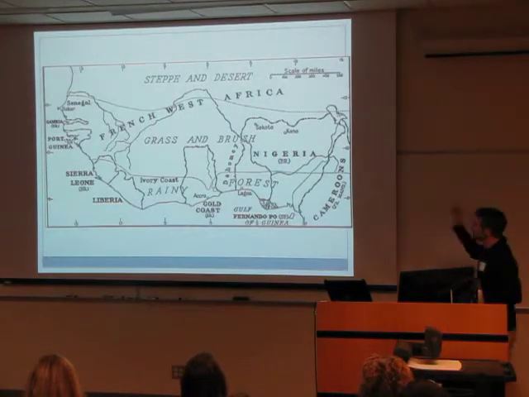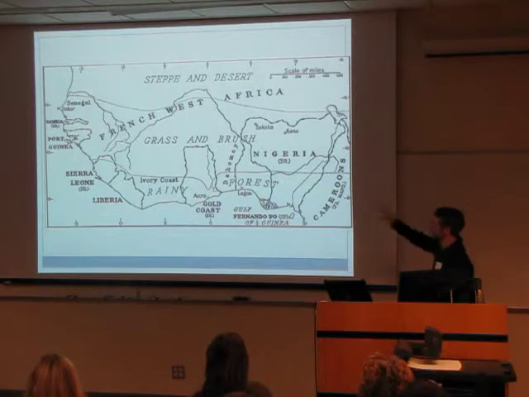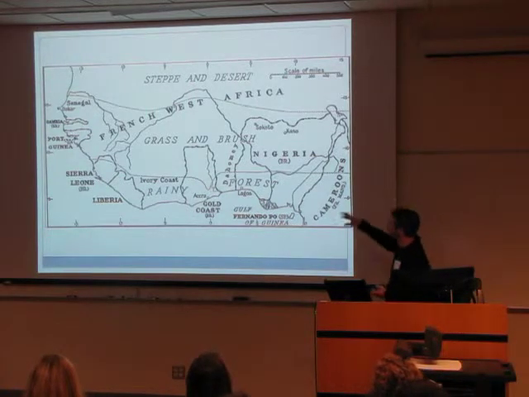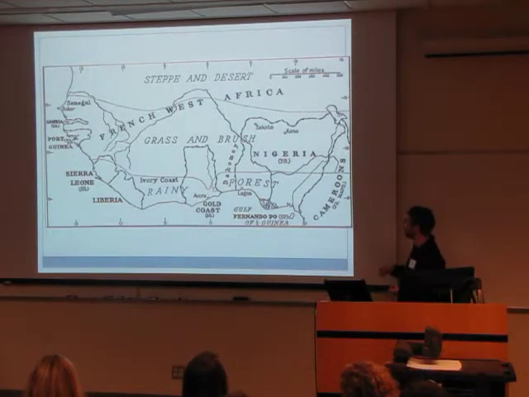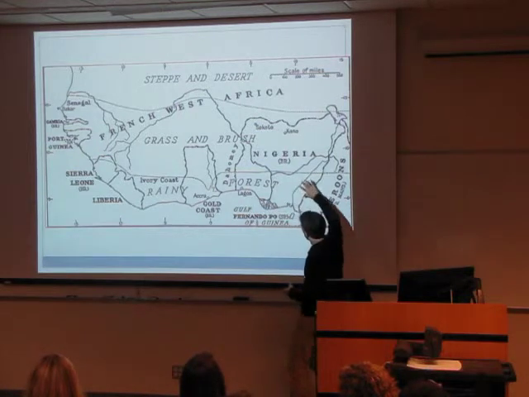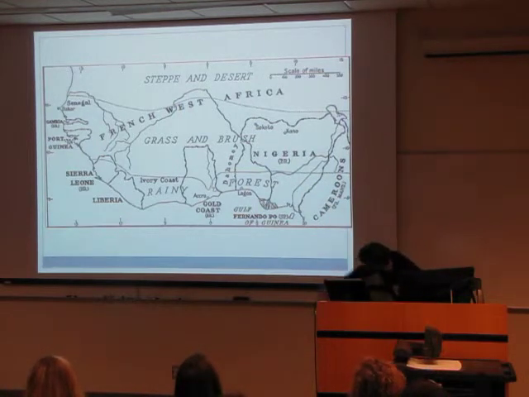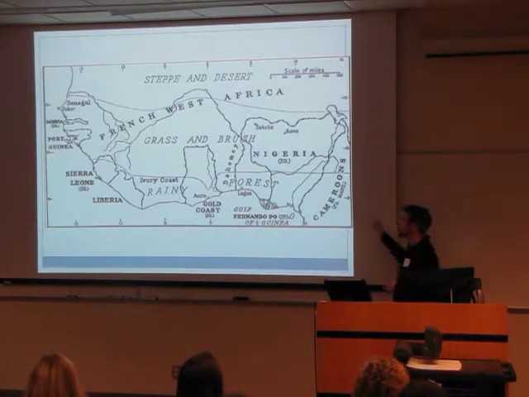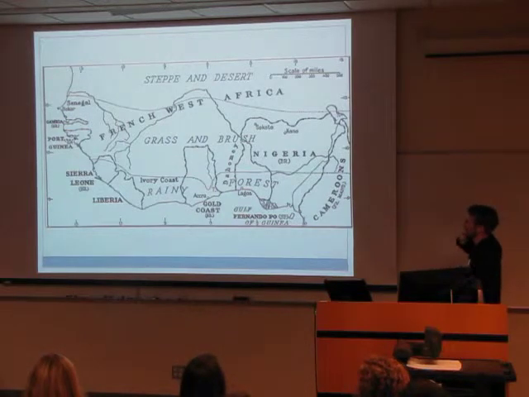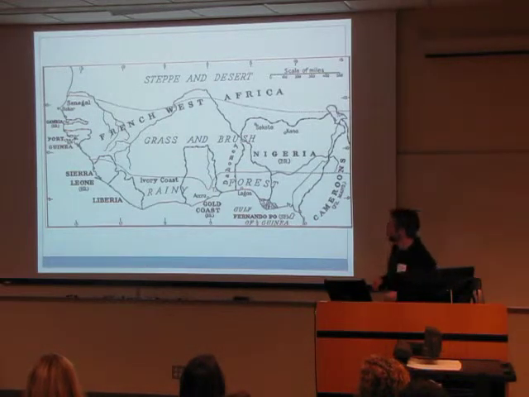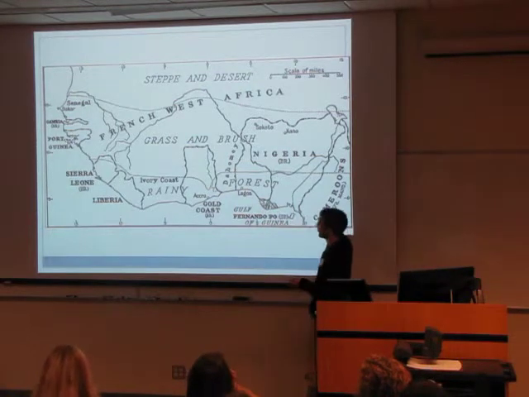So my geographical focus here today is on West Africa. The oil palm, the tree that produces palm oil, is indigenous to West Africa as well as the forests of Western Africa down the coast here. I'm focusing on West Africa, and specifically the Anglophone countries, modern-day Nigeria, Ghana, Sierra Leone, and Liberia.